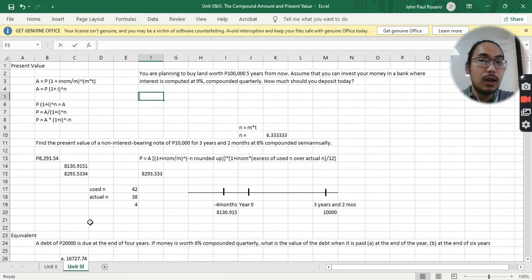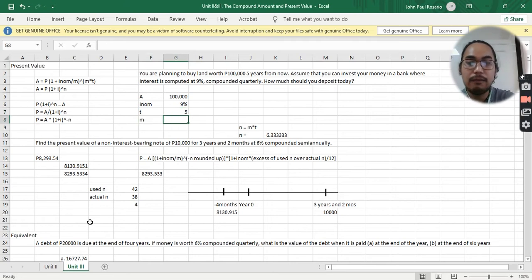So we now have our compound amount or target amount of how much? 100,000. We now have our i(nom), which is 9%. And then our t is 5 years. Now, our m is quarterly, so we have 4.